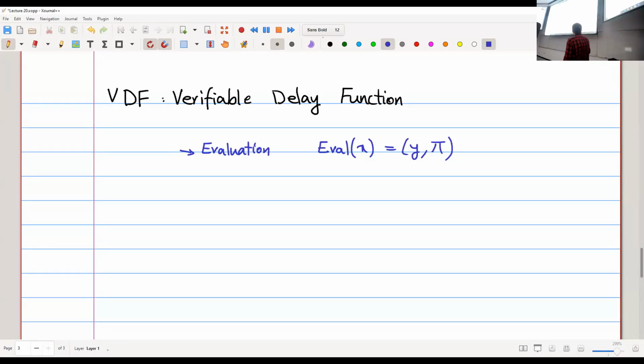So if I call my function f, then f of x is supposed to be y, and p is a proof that shows that y is really f of x.